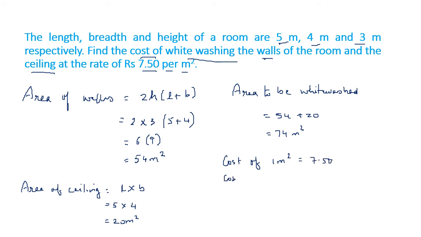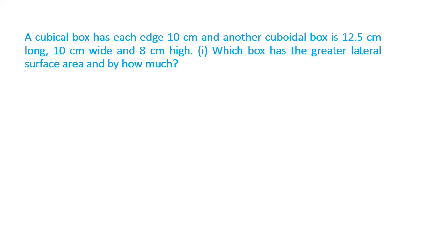So cost of 74 meter square will be how much? 7.50 into 74. So calculate how much is that? It is rupees 555. Yes, so you got the answer. This was also a very simple sum. Let us see the next one.